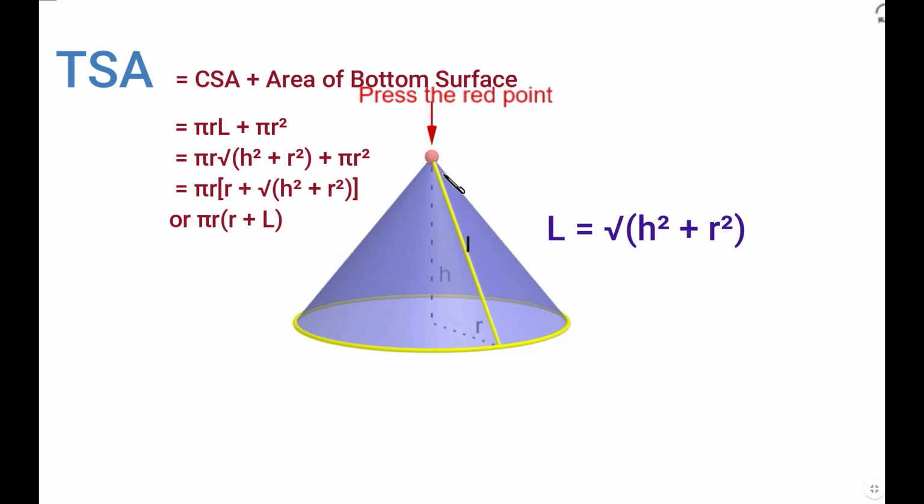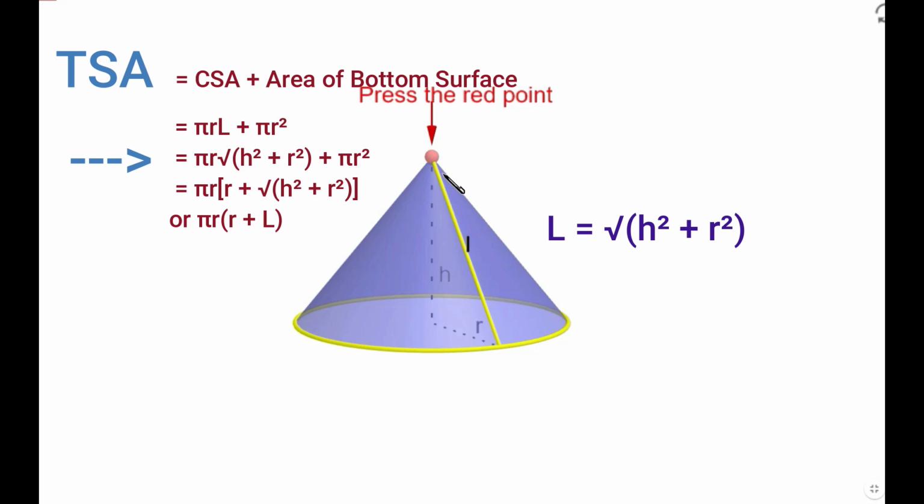So, the total surface area can also be written as pi r root over h square plus r square plus pi r square.